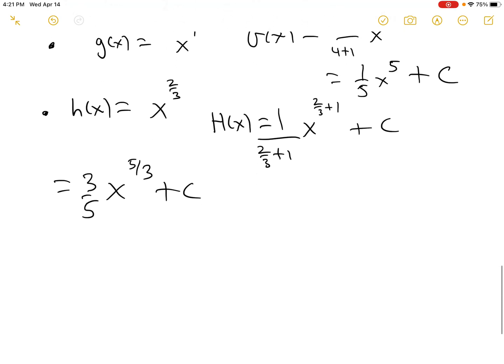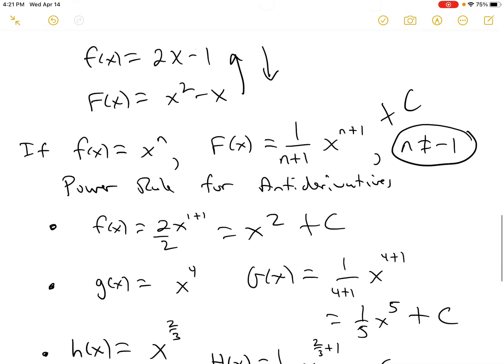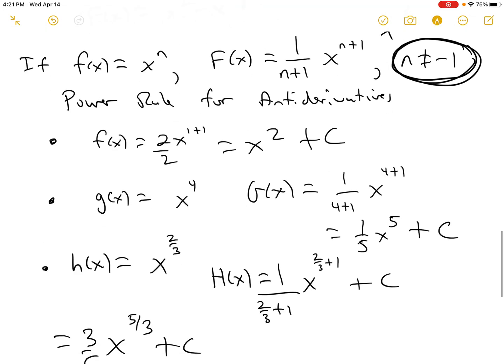And what if we have x to the -1, right? Well, if you take the antiderivative of this, you have x to the -1 plus 1, which is 0, and you have 1 over 0. So this is undefined. We said that above here, n can't be -1.